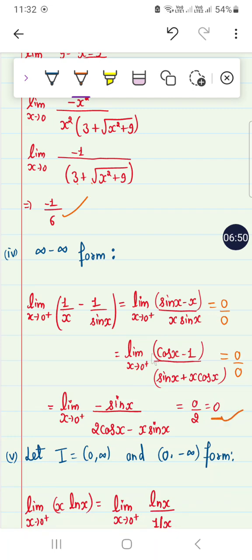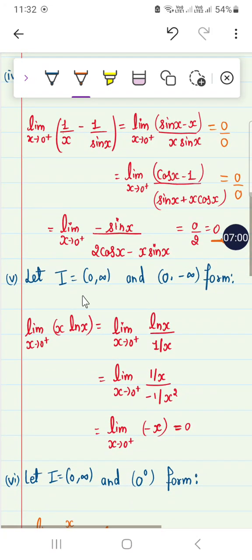After removing and taking other forms of the L'Hospital rules, this gives you the limit. Now the fifth is I equals 0 comma infinity. This is the interval we have been given, and the form of this is 0 times minus infinity, right?